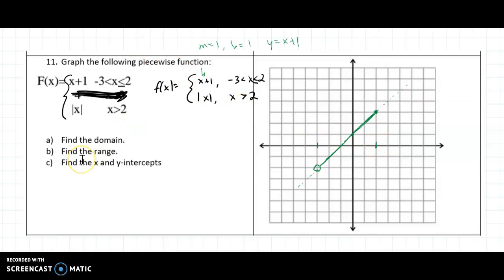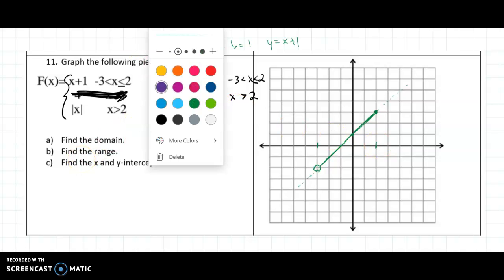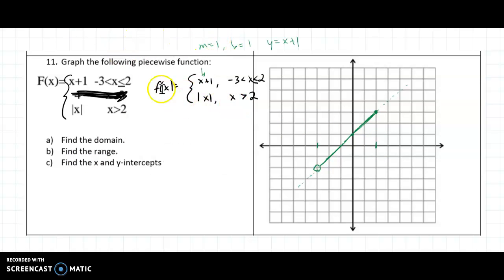Next, we're going to graph the absolute value of x. We go here and we go that way. But I'm going to graph the absolute value of x using dotted lines all the way through like that. It would keep going in both directions there.